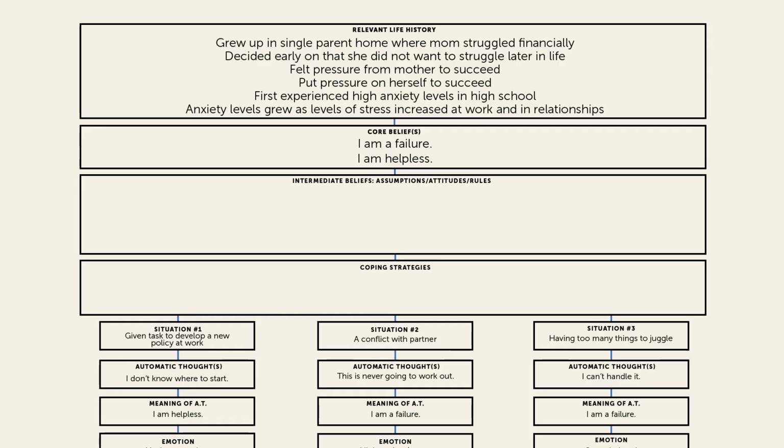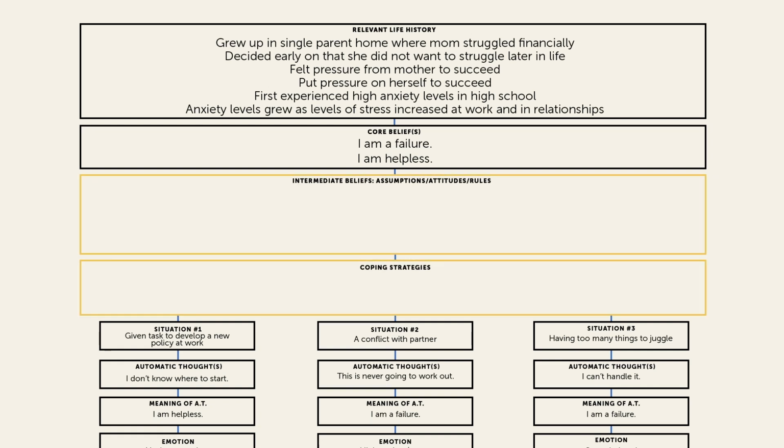Kate responded to my questions by saying that she sees herself as incapable, helpless, and unprepared. This information was recorded in the meaning of the automatic thought box on the CCD, as well as the maladaptive core belief box. Next, I decided to complete the coping strategy box of the diagram.